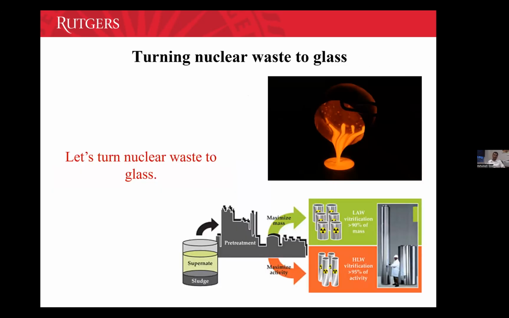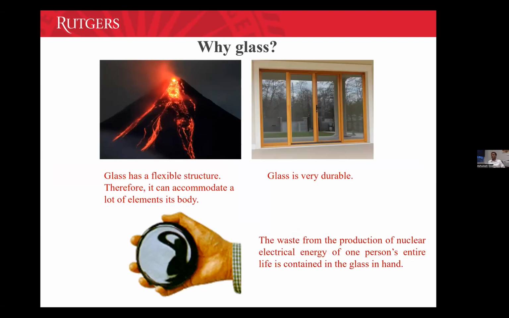What do we do? Let's turn this waste into glass. Now, a logical question to that is, why glass? Well, glass has a flexible structure. Coming from your chemistry or biochemistry background, I'm sure you know that glass is amorphous in nature, right? Since it is amorphous in nature, it can accommodate a lot of different elements and ions in its structure.